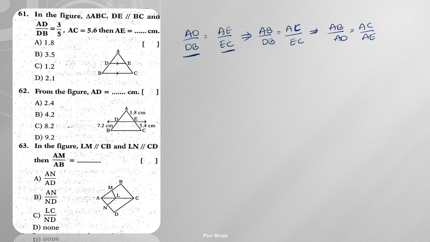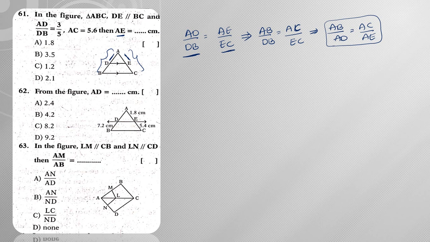Next, if I consider AD by DB, then here also I need to consider AC by EC. The same way, whatever the requirement that we have, since I need AE, simply I can consider AB by AD is equal to AC by AE. So that is what I have written here.